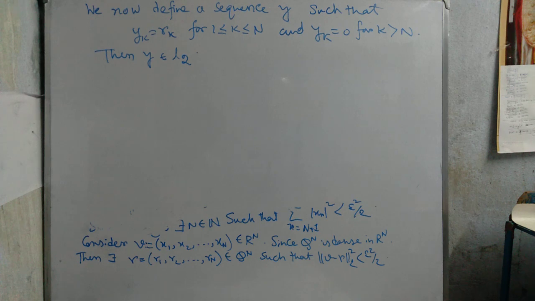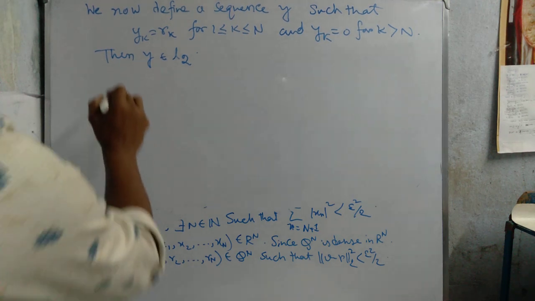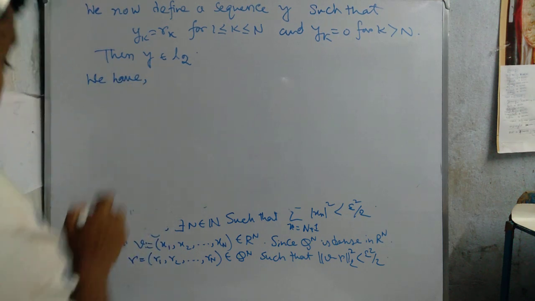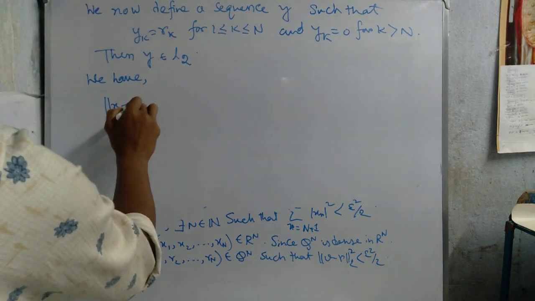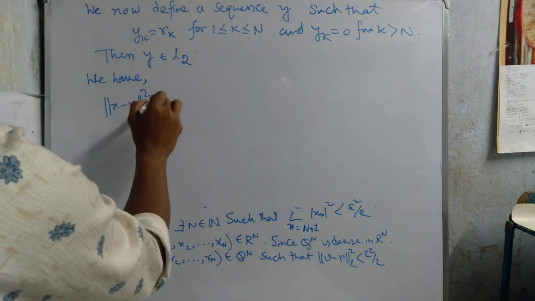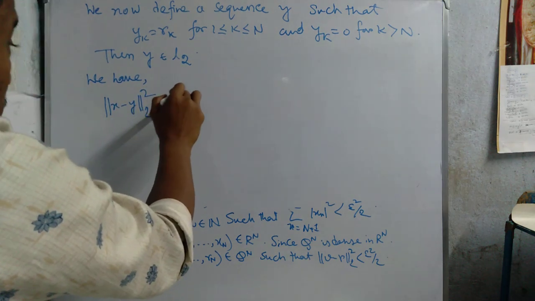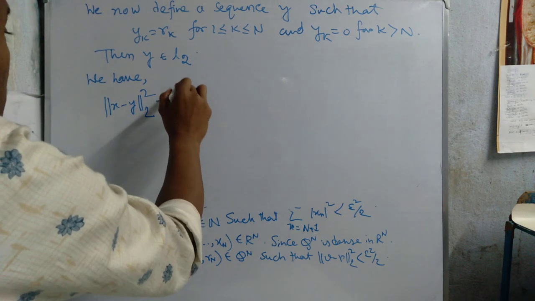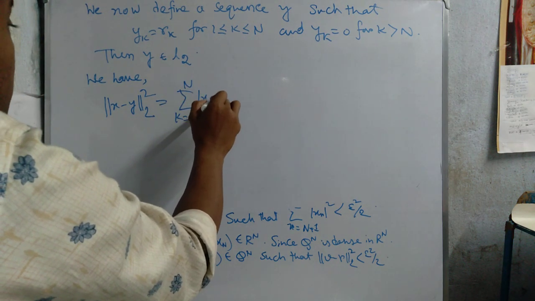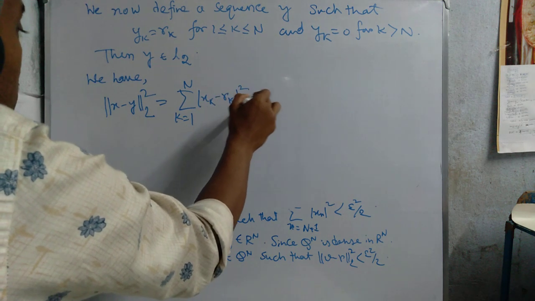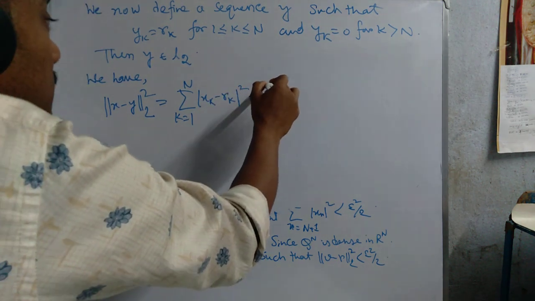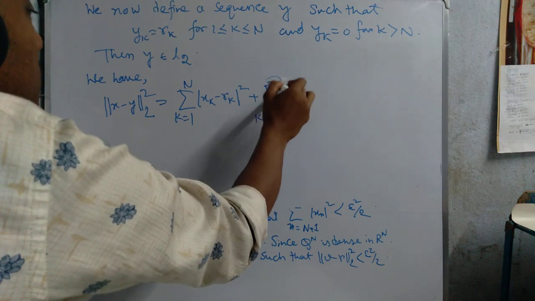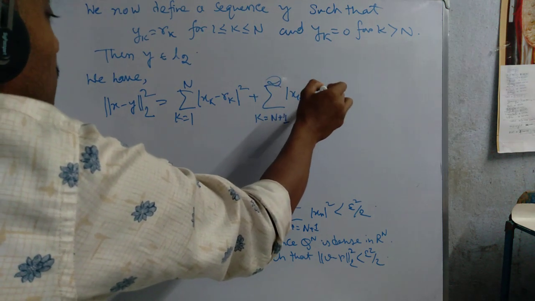Now we have norm of x minus y, squared, equal to the summation k equal to 1 to N of xk minus rk square, plus the summation k equal to N plus 1 to infinity of norm xk square.